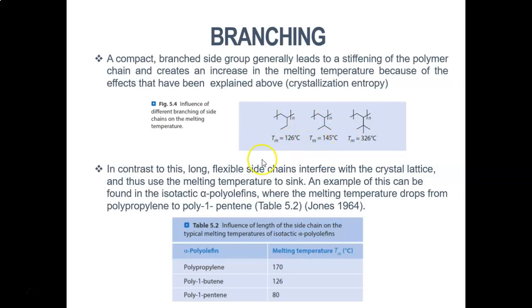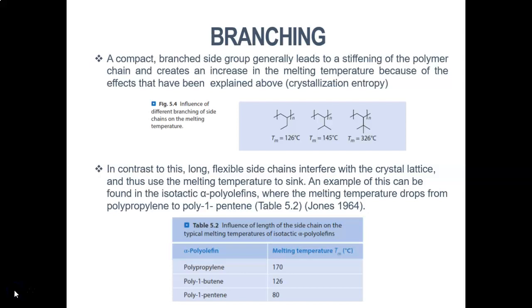How can we explain this? A compact branched side group generally leads to a stiffening of the polymer chain and an increase in the melting temperature, because of the effect explained above in crystallization entropy.